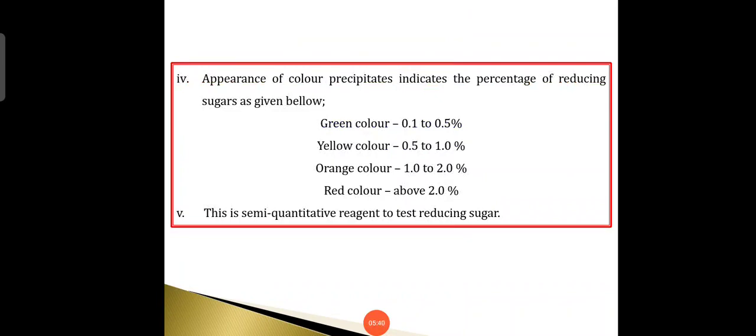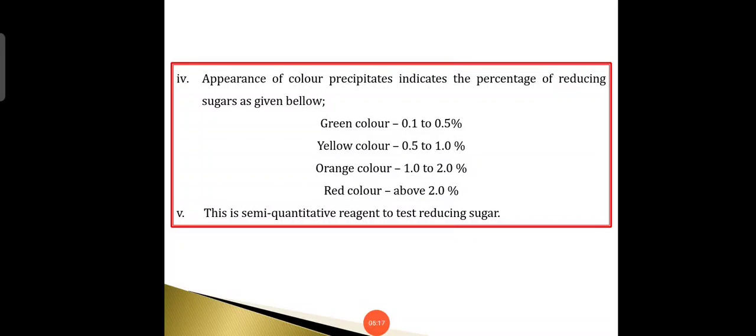So the appearance of the color precipitates indicates the presence of reducing sugars as given below. If the color upon boiling is changed into green, then there would be 0.1 to 0.5% sugar in the solution. If it changes color to yellow, then 0.5 to 1% sugar is present in the solution.